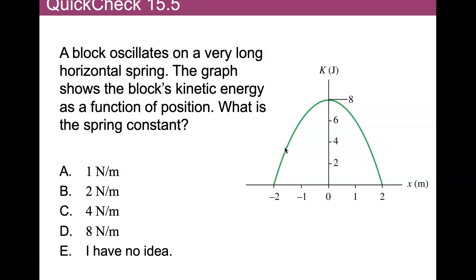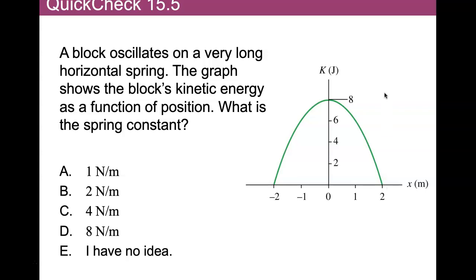So remember, the maximum kinetic energy occurs at the point where the potential energy is 0, at x equals 0. But that's equal to the total energy, because total is kinetic plus potential. And in particular, that's equal to the maximum potential energy as well, because the maximum potential energy occurs when the kinetic energy is 0. So what is the maximum potential energy? It's 1/2 k, the spring constant, times a squared, the maximum displacement squared, right?